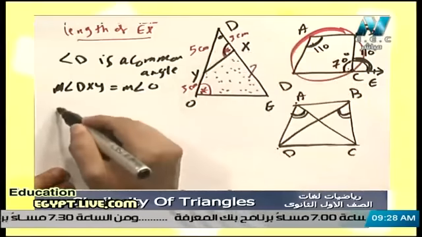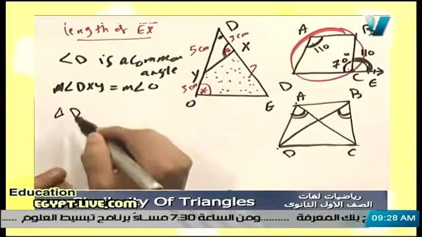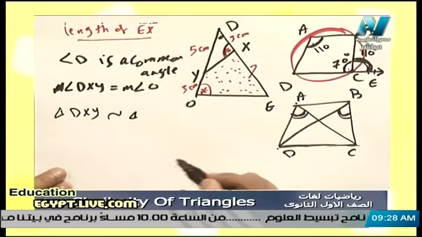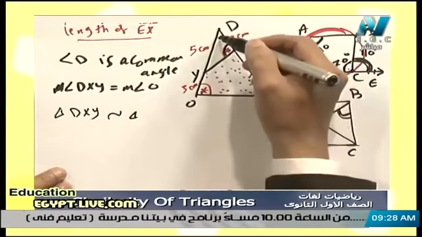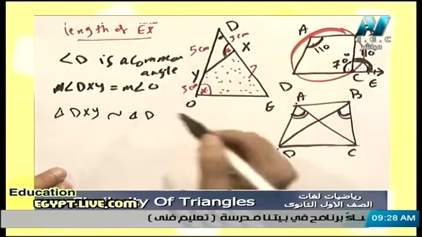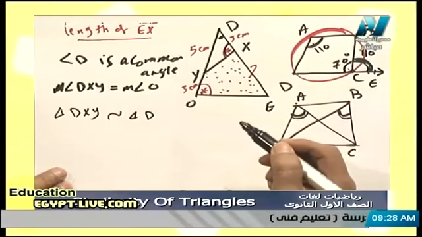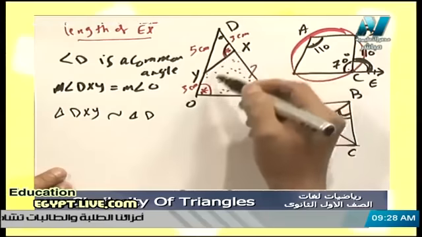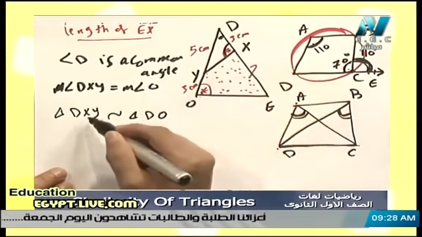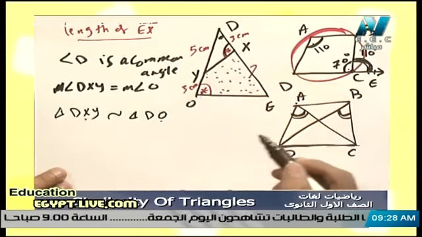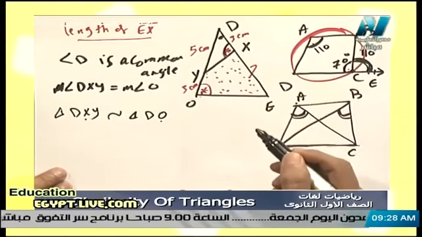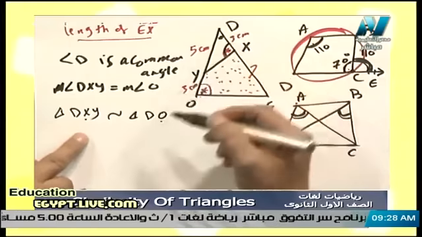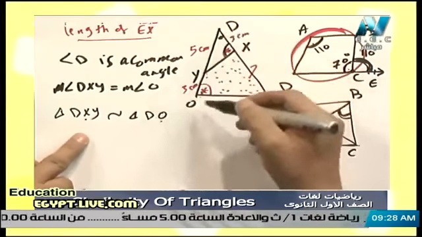We can say that triangle DXY is similar to triangle DOE, D being the same angle in the two triangles, X equal to O.